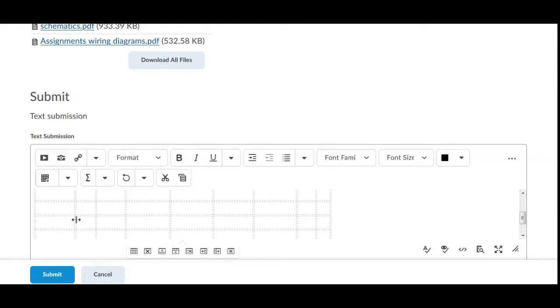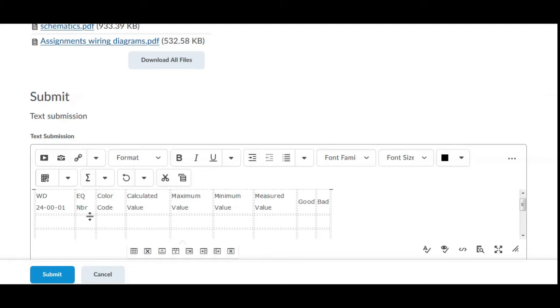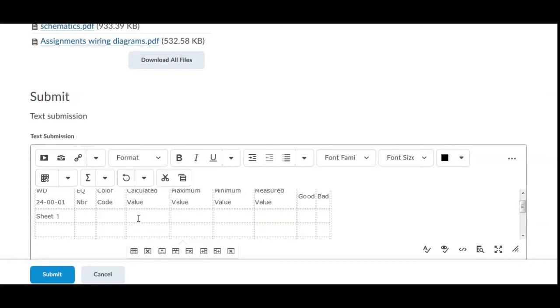Then start over here, and I handed you 6 different sheets for 6 different resistors. So we'll go sheet 1, or simply 1.